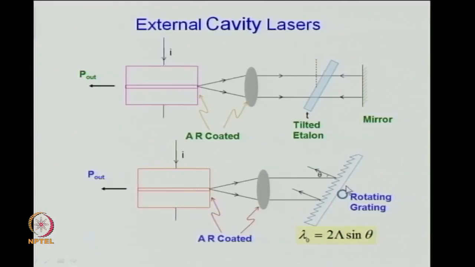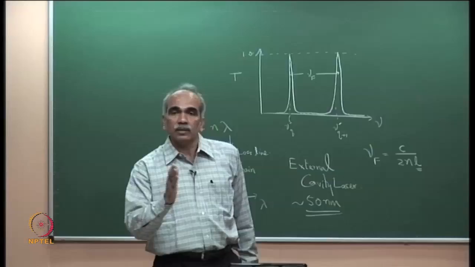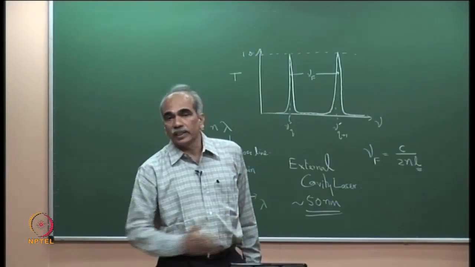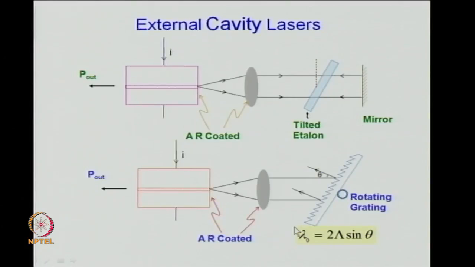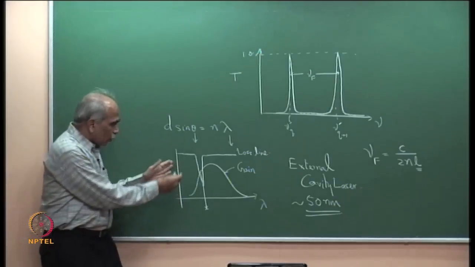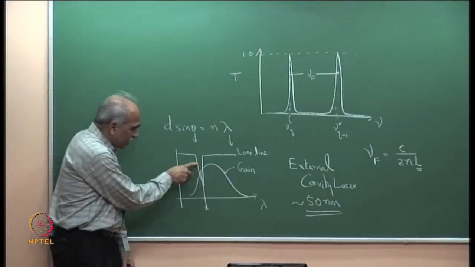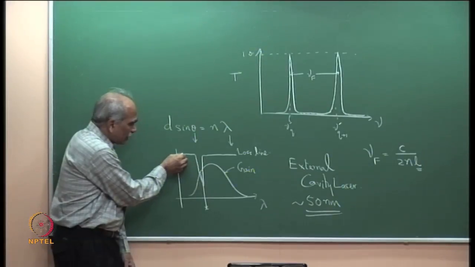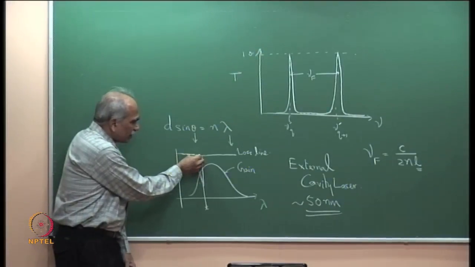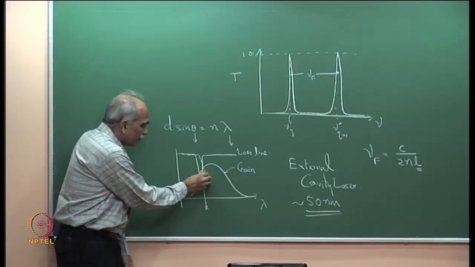With high precision you can control the feedback, and therefore the wavelength which you want to choose. One can use the stepper motors here to rotate this, and you can choose the wavelengths in steps, or you can continuously choose the wavelengths which you want to lase. In other words, what you are doing by rotating the grating is, now this is the curve for a particular angle. At a later angle, let me draw this with the dotted line, the curve could be like this.